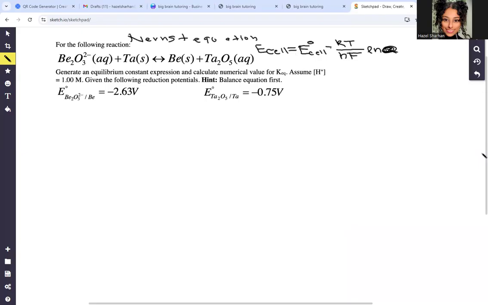And it's just going to be a matter of what we're rearranging to find what.